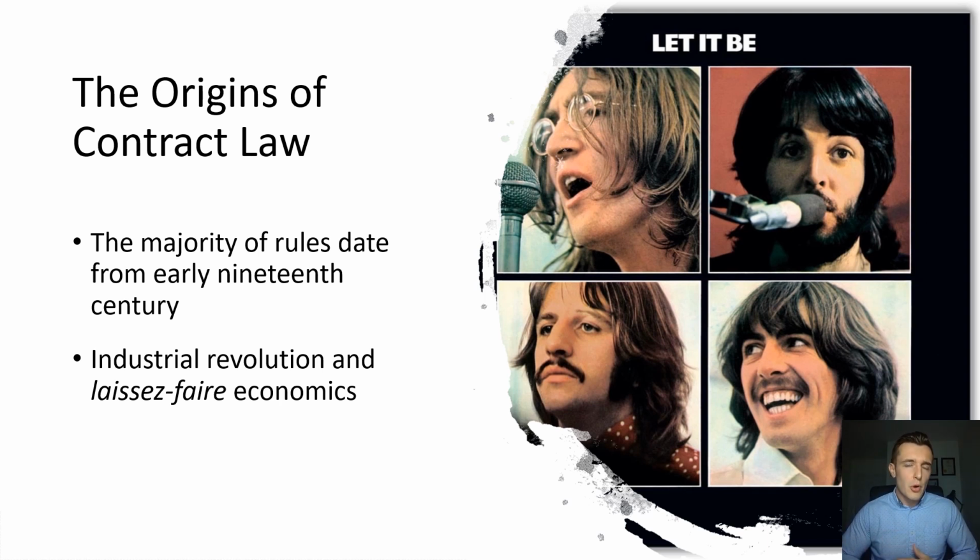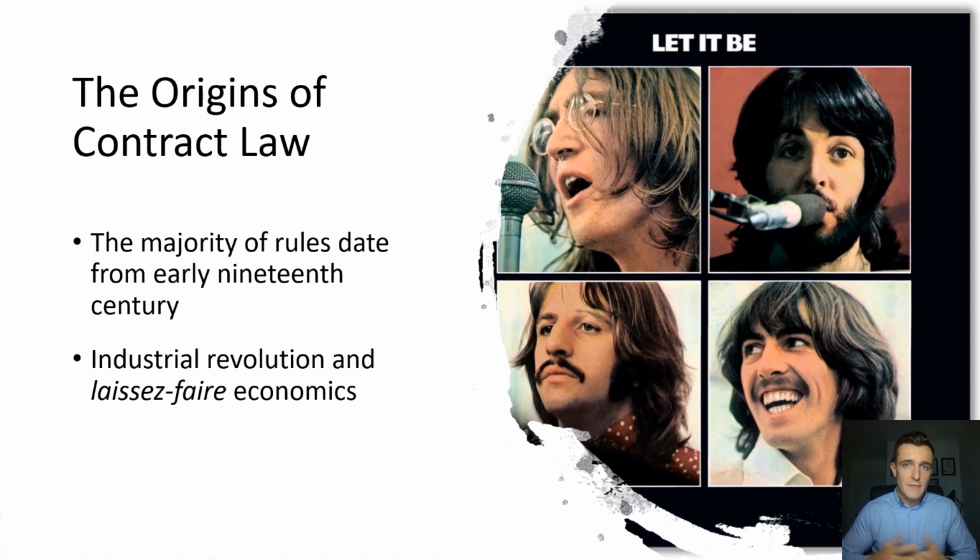What started to emerge, though, at the start of the 19th century was a slightly different way of looking at things, and there was a political shift towards what was known as the laissez-faire system of economics. And that's effectively an economic system where everybody is let loose to do what they want. Individuals are free and absent from any sort of economic interventionism, any regulation that governs what they do, and they were free effectively to charge whatever they want depending on the market price.